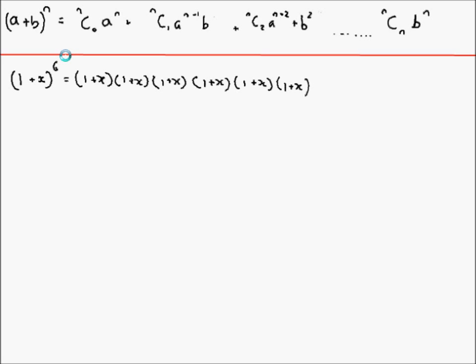So binomial expansion speeds up this process for us, and it uses a function on your calculator called nCr.